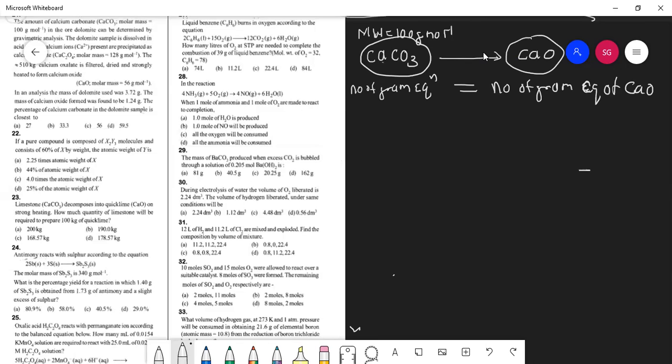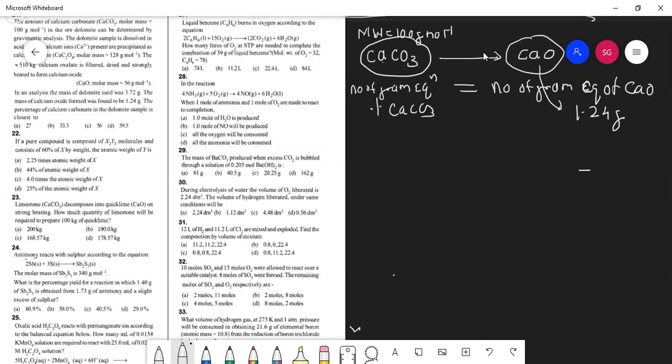Now listen to the question. In the analysis, the mass of dolomite was 3.72 grams and the mass of calcium oxide was found to be 1.24 grams. The percentage of calcium carbonate in dolomite is asked.